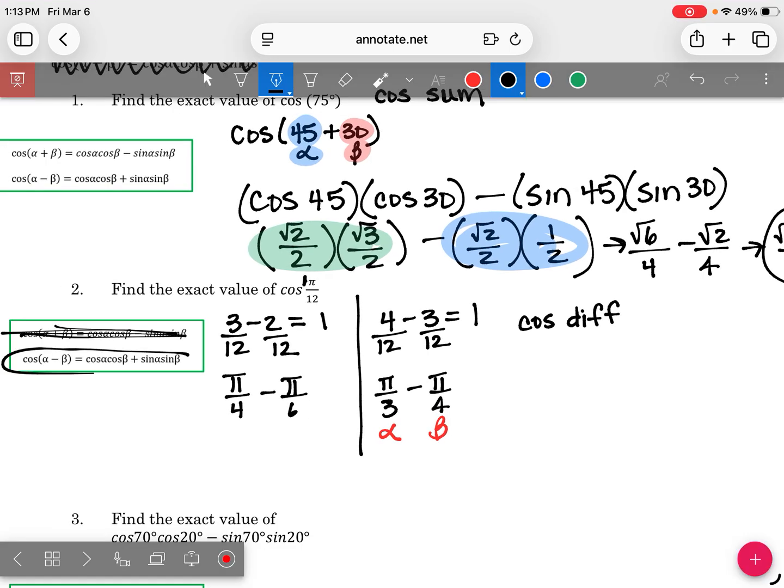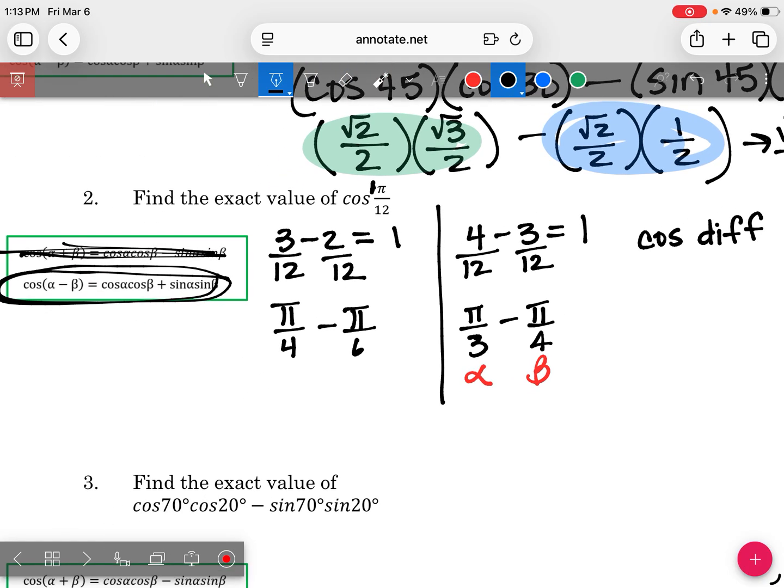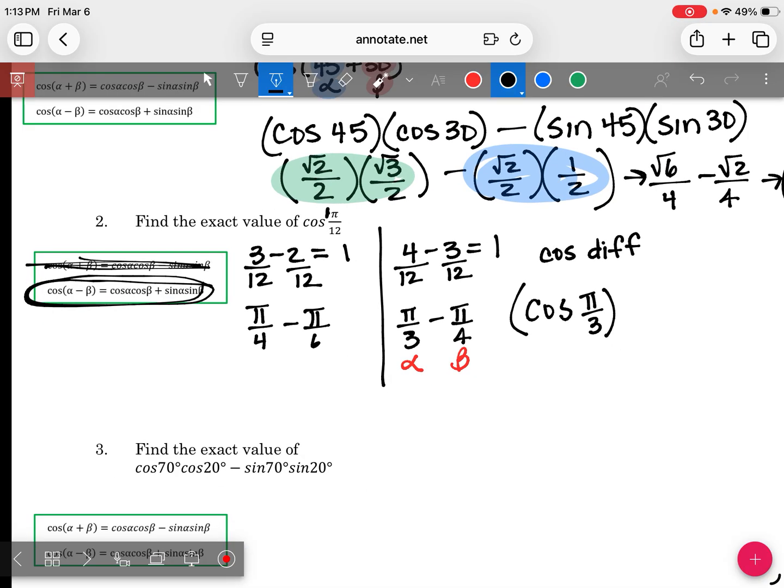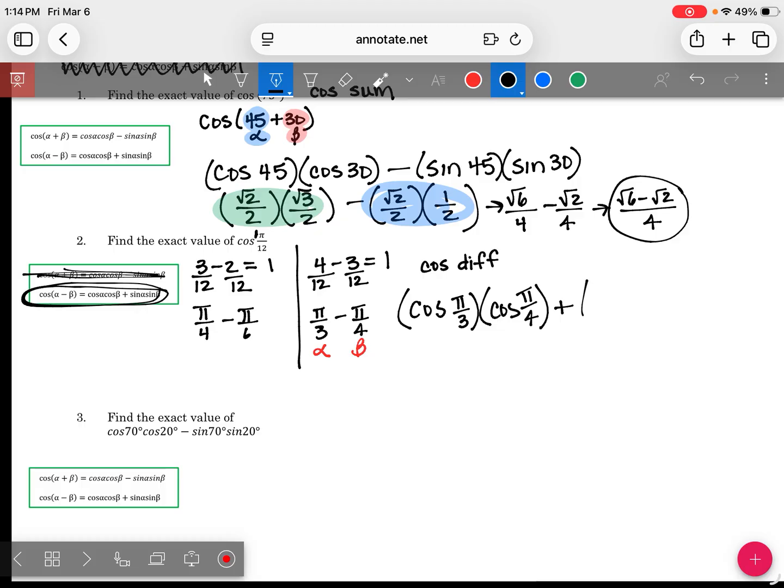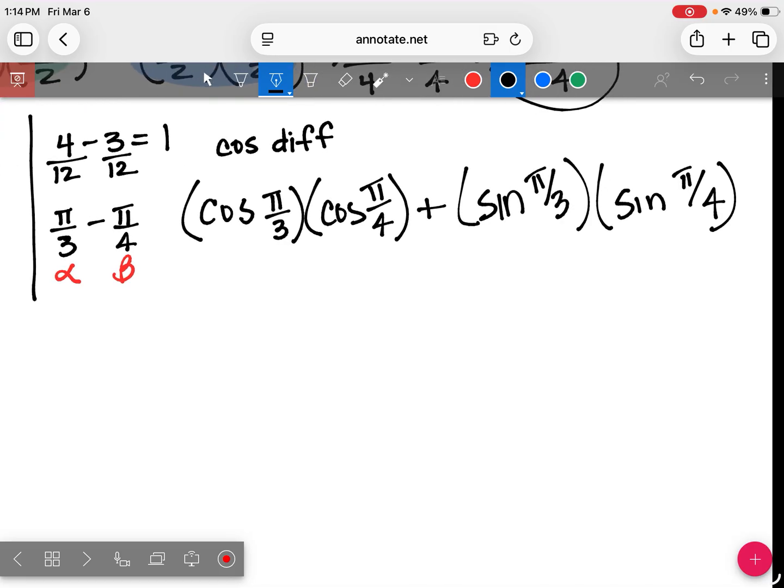You're going to find this one on your pink sheet, which says you're going to take the cosine of your bigger angle, which is pi over 3, times the cosine of your smaller angle, which is pi over 4. And now we're adding it to the sine of pi over 3 times the sine of pi over 4. So go ahead and on your unit circle, find those 4 values and simplify it.